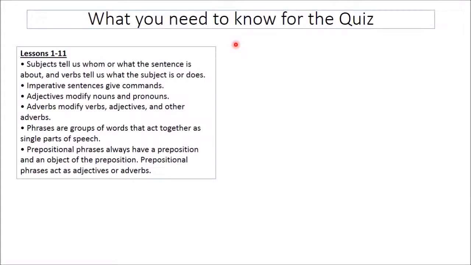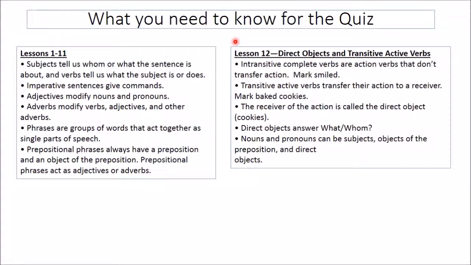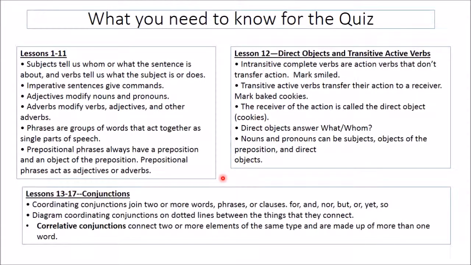Here's the information for the new lessons that we just started since our last quiz. Lesson 12 is where we picked up after our last quiz, and lesson 12 is on direct objects and transitive action verbs. And here's just some key points on that lesson, okay? Then we did lessons 13 through 17. Those are the lessons that were on conjunctions, and here are also some key points. There's a lot more to know about conjunctions.